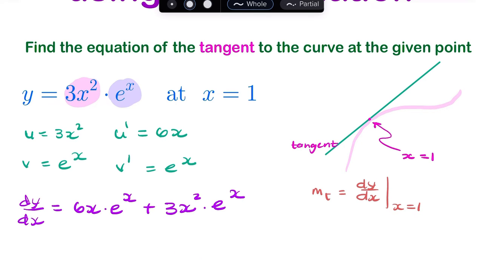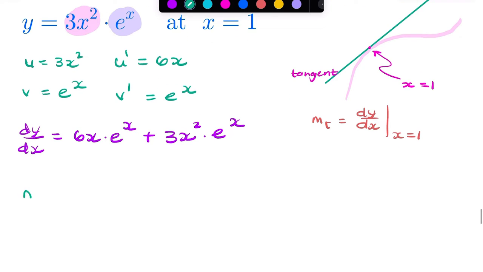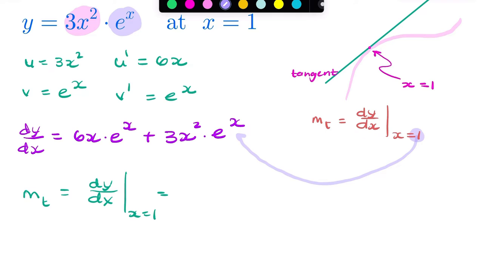So that's our dy by dx, but we want dy by dx at the point where x equals 1. So the gradient of the tangent is equal to dy by dx at the point where x equals 1. So we take our 1 and we substitute it into every occurrence of x.